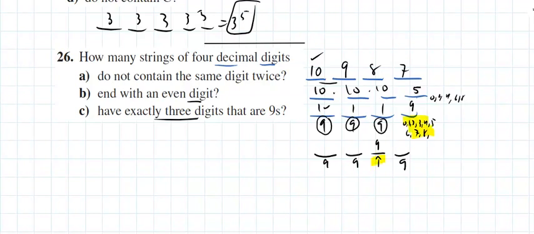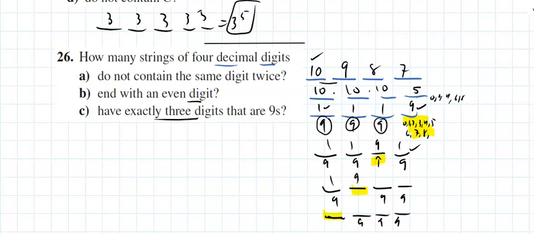That could have been right there. Or, so there are 9 ways I can get this, 9 ways I can get this, 9 ways I can get this, or 9 ways I can get this.